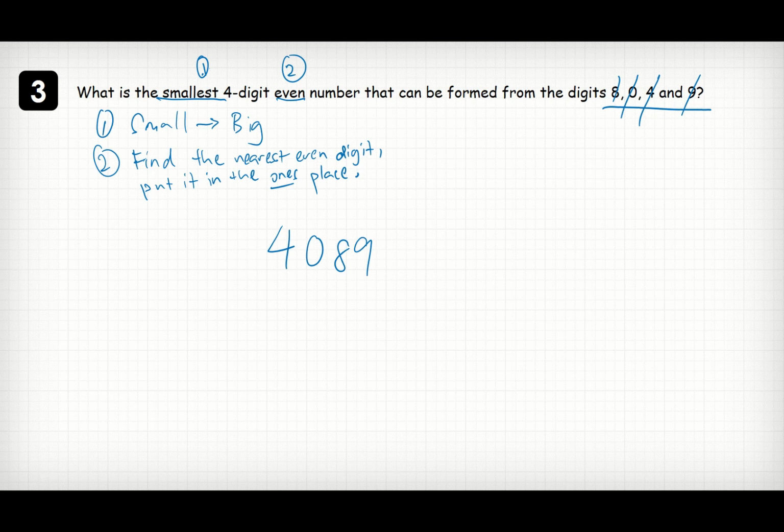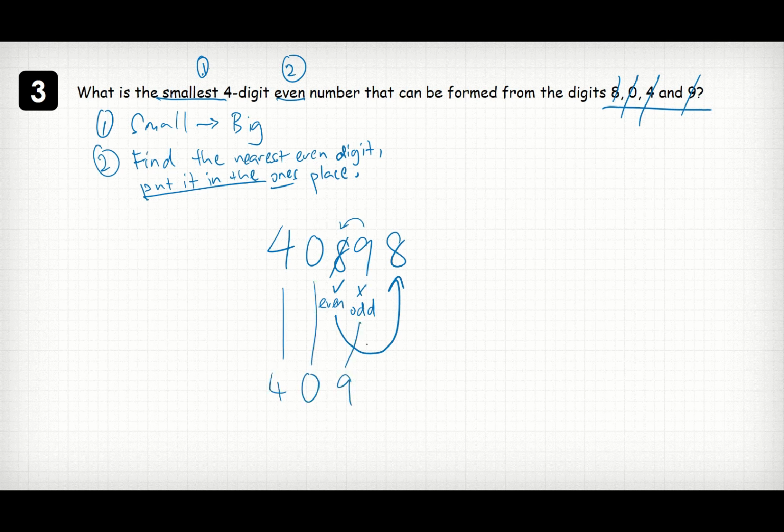Okay, 4089, we know that it is not an even number because 9 is odd. So I should look at the next place value, 8. 8 is an even number, and that tells me I must put it in the ones place. So 8, I put in the ones place. I will have 4, 0, 9, and 8. And that is my answer.